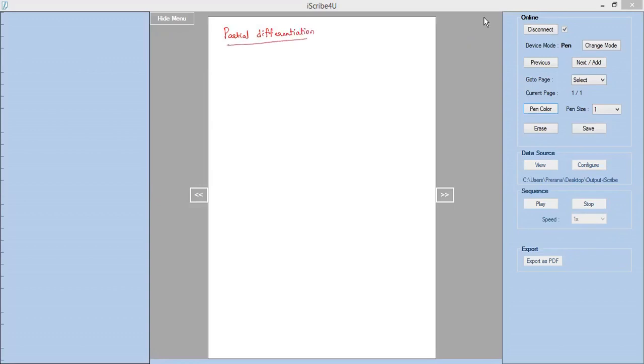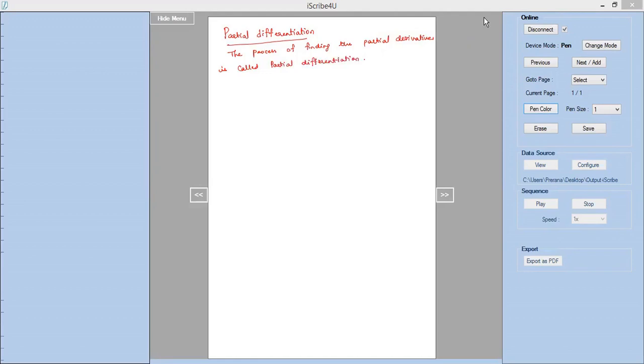The process of finding partial derivatives is called partial differentiation. So we do partial differentiation.